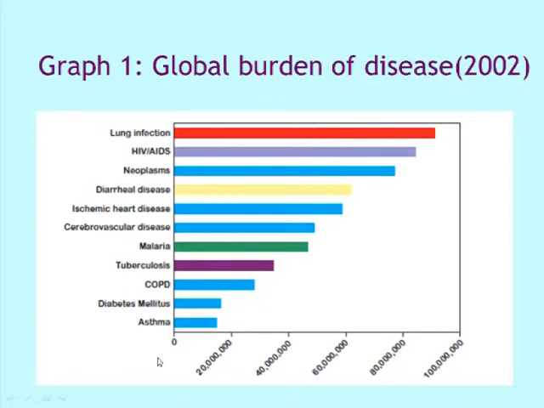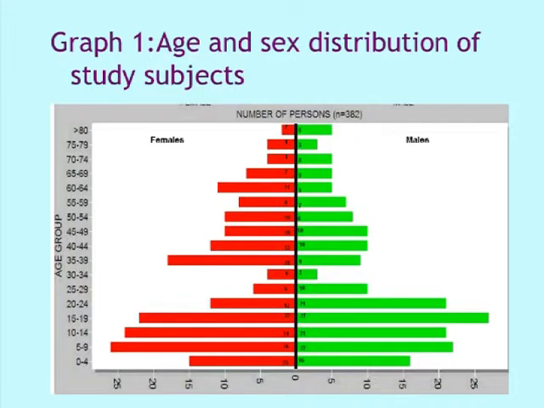This is a horizontal type of bar chart, wherein the conditions are given vertically and the numbers are given horizontally. So you can know the least and the most common conditions contributing to the global burden of disease. This is what I said, that when you have more than one variable, you can have a comparison when you use a bar chart.